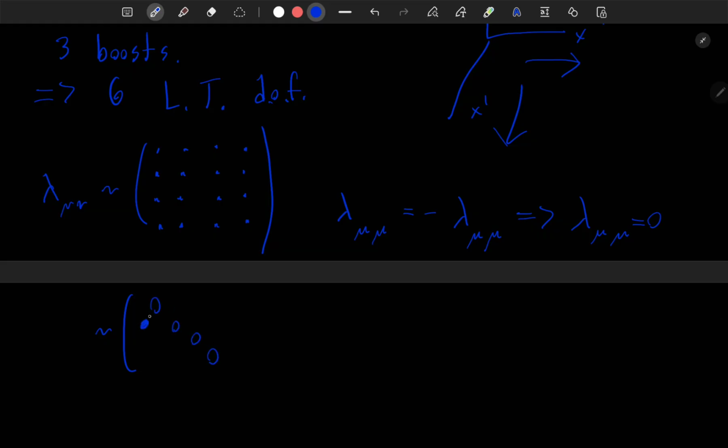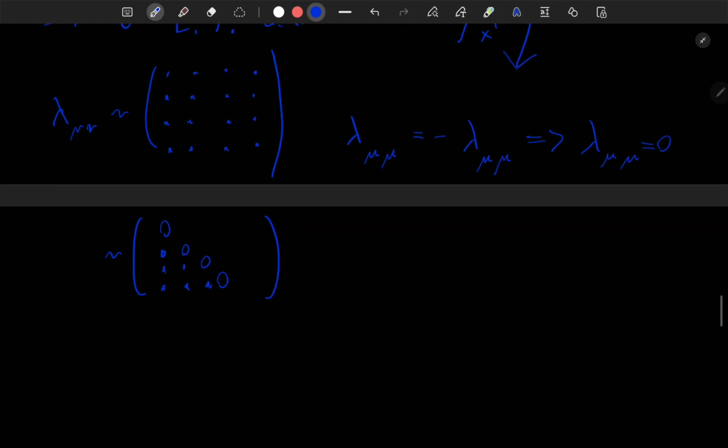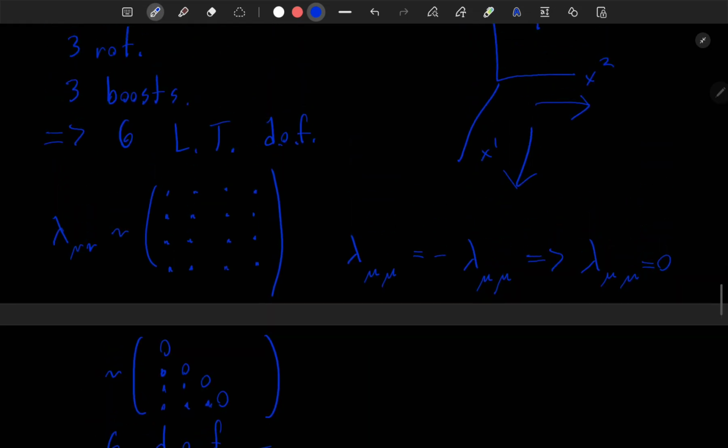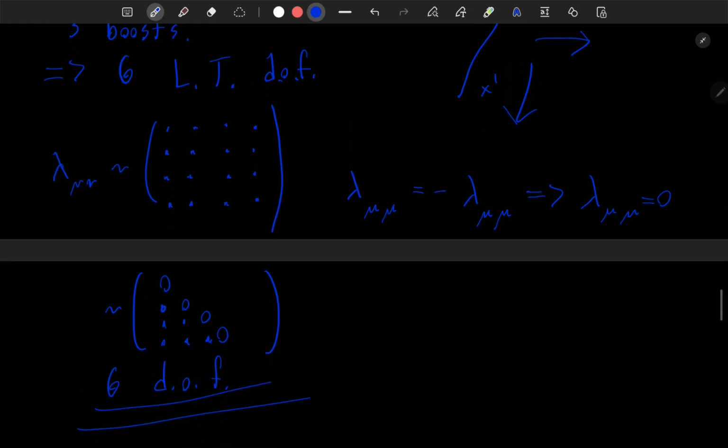And then this guy is going to be the negative of that guy. And this guy is the negative of that guy. And you're going to see a pattern. All of these are going to be negatives of what's going down here. So we just need to consider how many spots we have remaining here. We have 1, 2, 3, 4, 5, 6. So we have 6 degrees of freedom. And that is exactly what we physically expect. Very good.